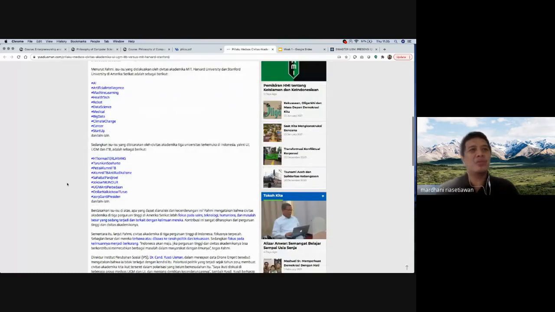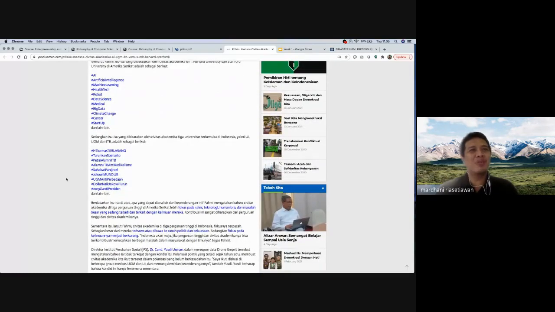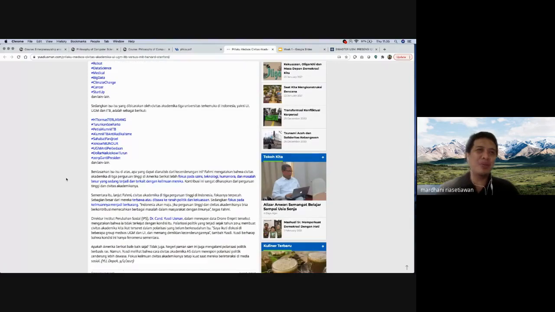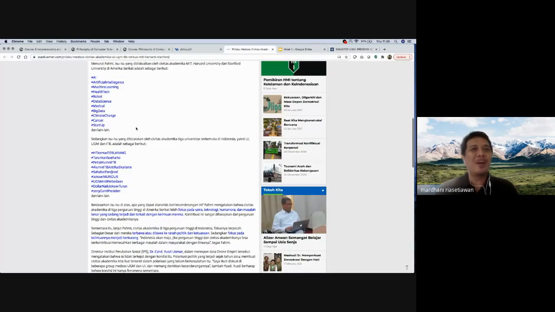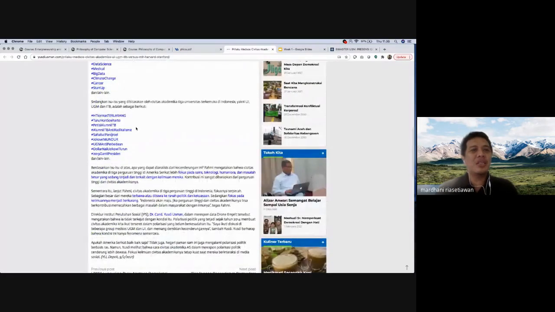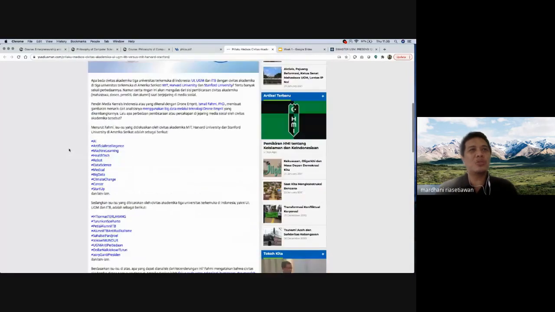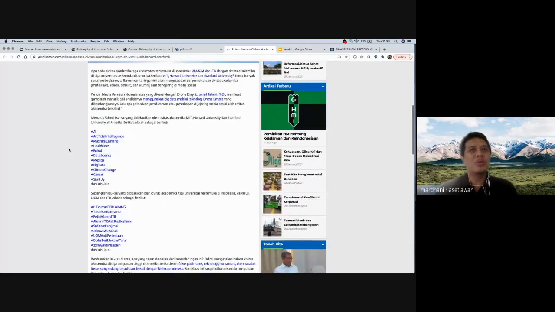But unfortunately, in our universities, this is very embarrassing for me too, the topics are about HTI as a banned organization, the ITB alumni petition, Jokowi step down, UGM anti-difference, the dollar rising, and so on. So this is the different discussion between these two countries. Here you can see the topics that we need to discuss in this course.